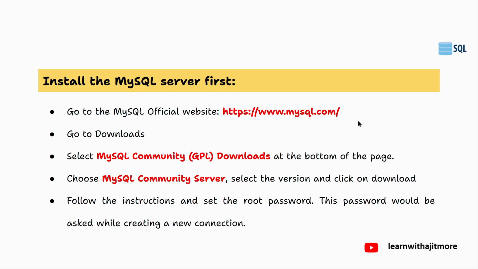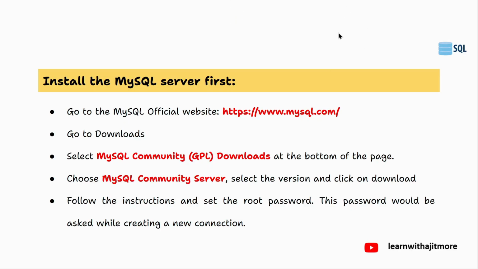While doing installation, it will ask you to set the server password, the admin password. So that root password you set, whatever you want. With this, the MySQL server is installed. And this MySQL server password you set will be very important because we will be using this password when Workbench connects with it.